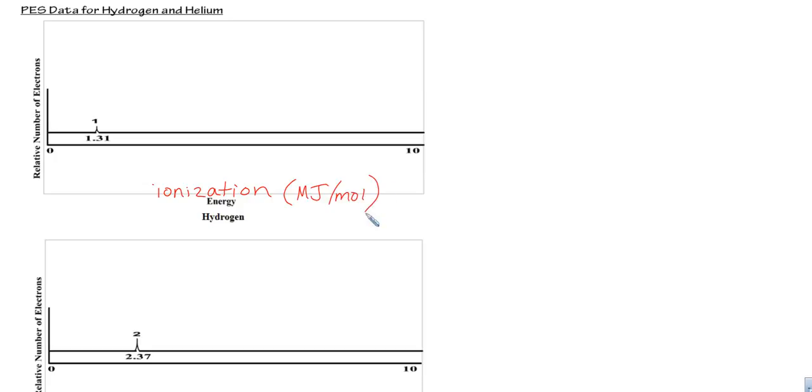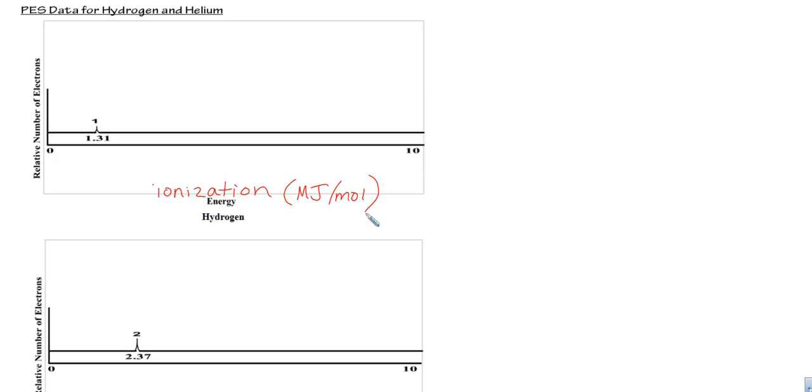So if you see that unit MJ, it probably refers to megajoules per mole. Okay, so we're looking at the ionization energy, the energy required to remove electrons, or in this case, the electron, in the hydrogen atom. On the other axis, it's number of electrons.